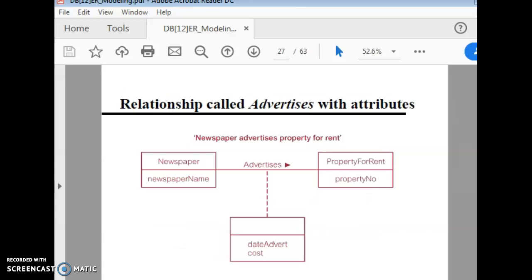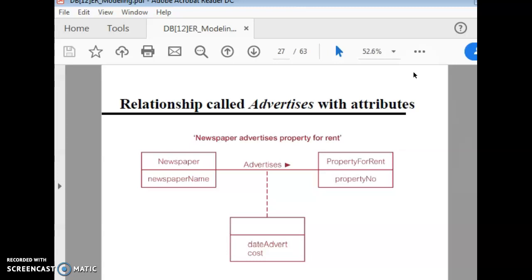Then, we are seeing advertises is a relationship between the newspaper and property for rent entity types. Here newspaper name is an attribute for the newspaper entity type. Property number is the attribute we are showing for the property for rent entity type.